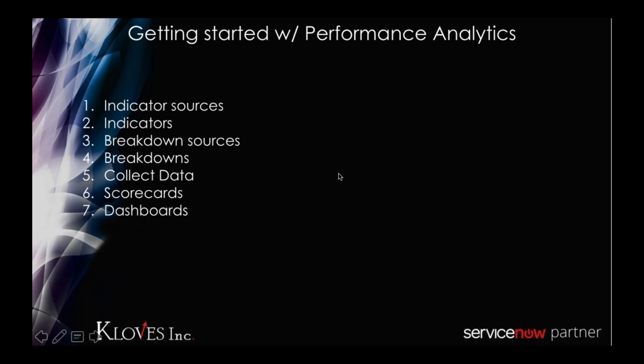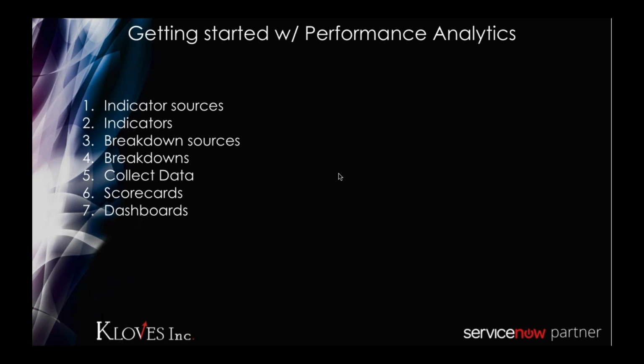So now, actually getting started with performance analytics. I've heard a lot that performance analytics can be somewhat confusing as far as understanding how to actually make the dashboards or how to actually populate some of those dashboards with data. So I'd like to walk through the different components of performance analytics and the proper way to go about setting up a scorecard or a dashboard so that we can get that data in a manner that allows us to visualize it and share within the organization.